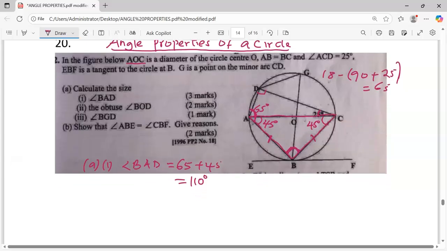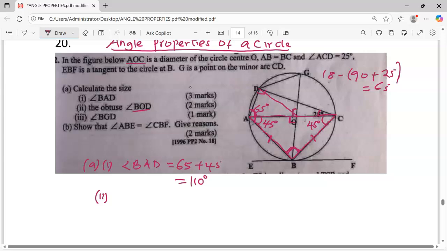We go to Roman 2 of the same question. We are supposed to find BOD, and therefore we are forced to draw a line joining D and O. We know that the angle at this point here is going to be 90 degrees, and if this is 90, this is also going to be 90 degrees from here.